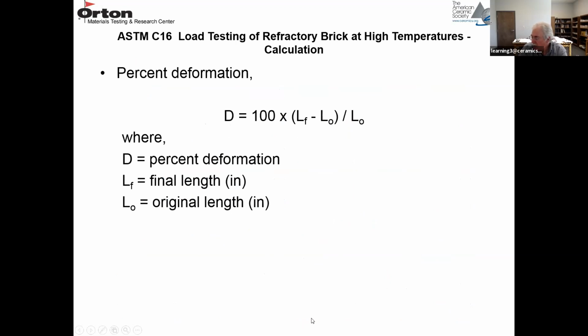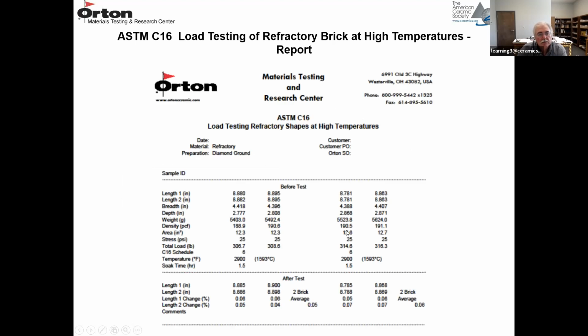You simply calculate the percent deformation. D is the percent deformation, and it's just 100 times the final length minus the initial length divided by the initial length. And a typical report would look like this.